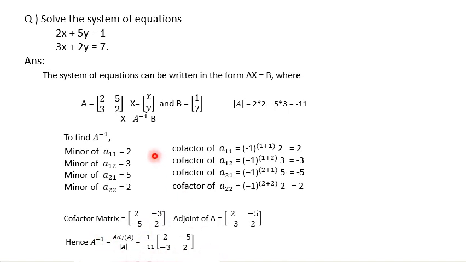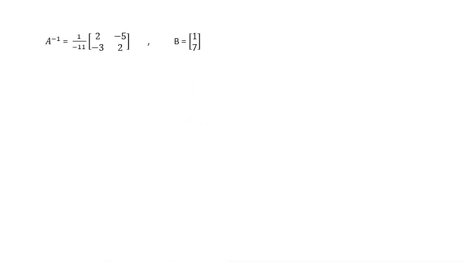Now, next step is we need to multiply inverse of A with B. Here, this is the B matrix. So, inverse of A, B matrix. Just multiplying, we know how to multiply two matrices.